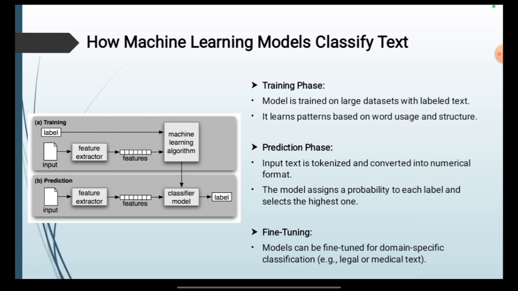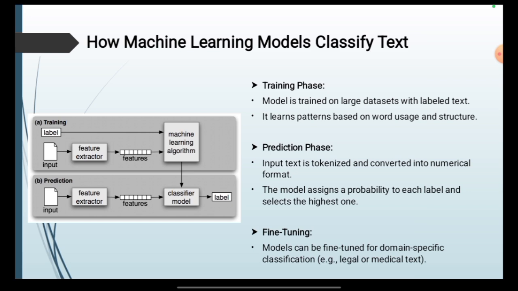The provided image illustrates the process of text classification using machine learning. In part A, training, the input text is processed by a feature extractor, which converts it into numerical features. These features, along with the corresponding label, are used to train the machine learning algorithm.